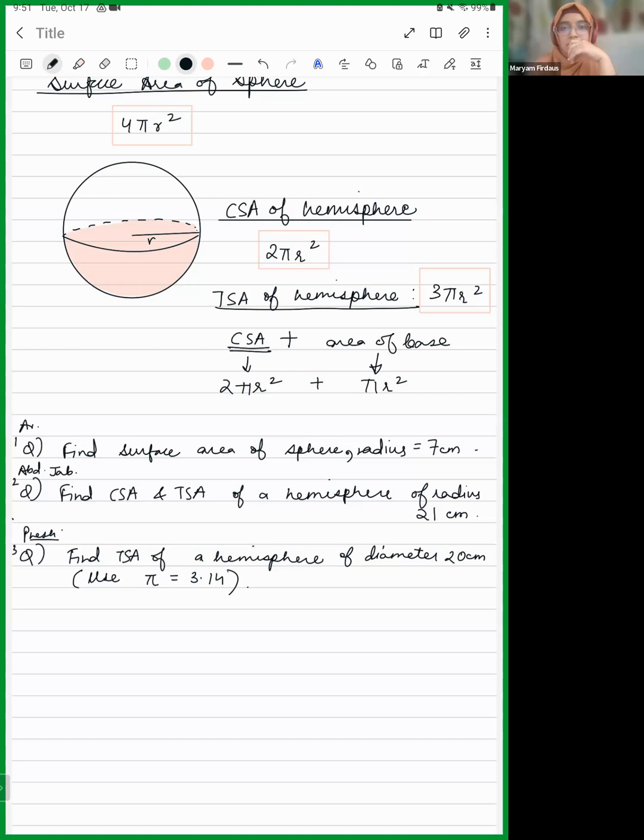Ma'am, is the answer 3768? For which one? Third one? Third one. No. Remember one thing, the diameter is 20, not the radius. Yes, ma'am.